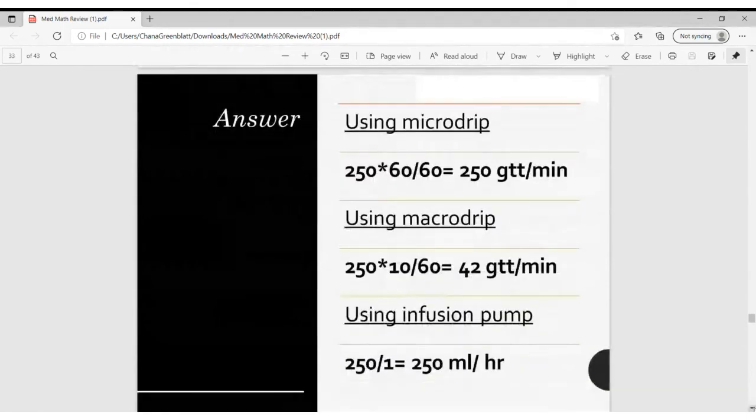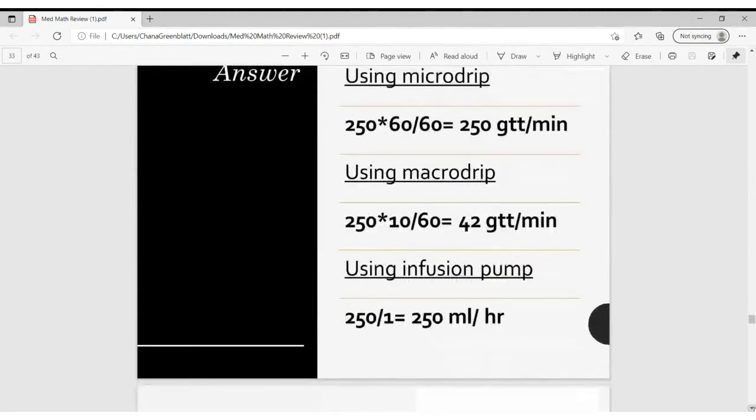If we go through the answer here, just know that for micro drip, that's our 60. For macro drip, it would either be 10, 15, or 20. And here they're designating that macro drip as 10.